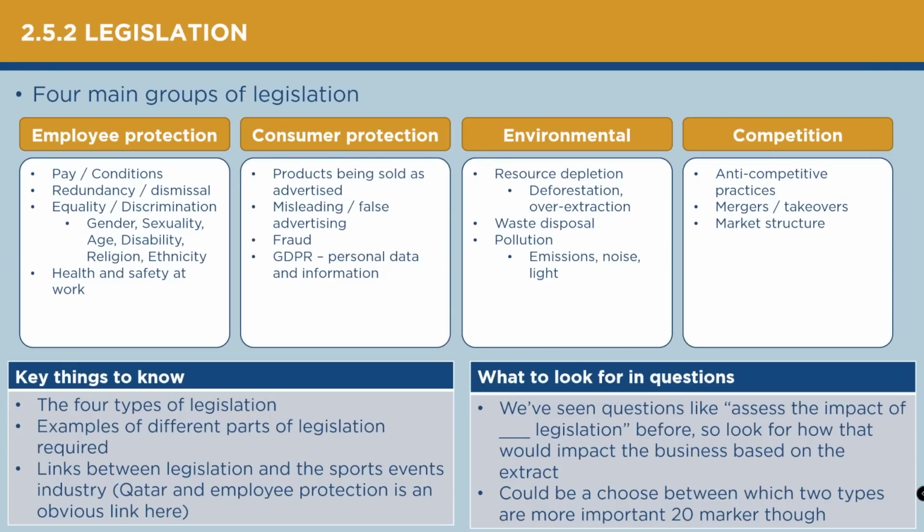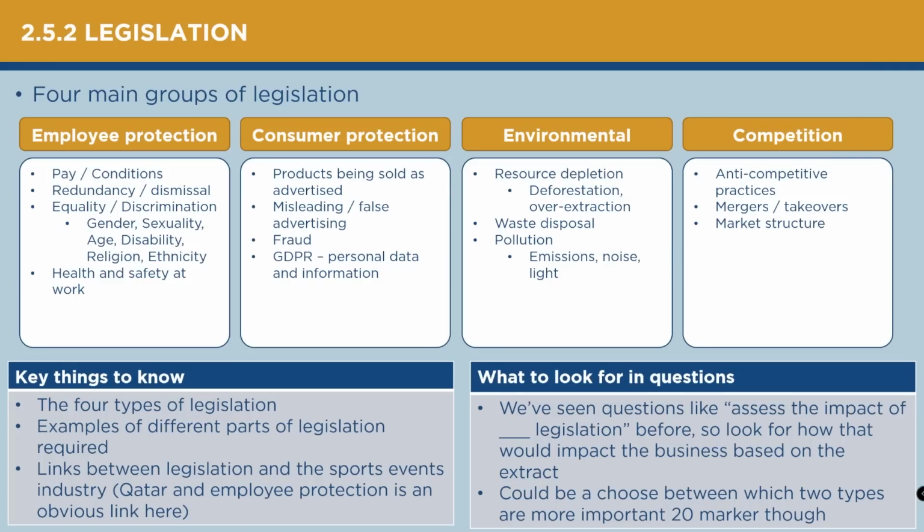One thing that's worth paying attention to is to think about sports events and legislation, especially when we think globally, because there's been loads of controversy around Qatar and the World Cup in the winter and employee protection. There's quite an obvious link there because that's been a really prominent news story. The building process for the Qatar World Cup has been atrocious in terms of human rights standards.